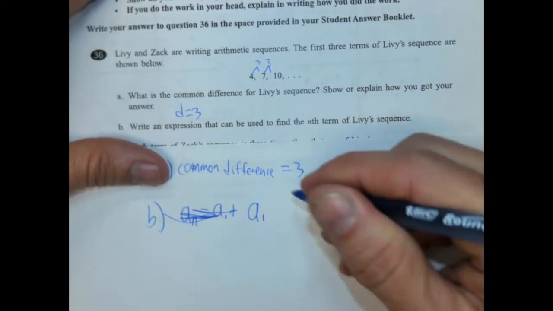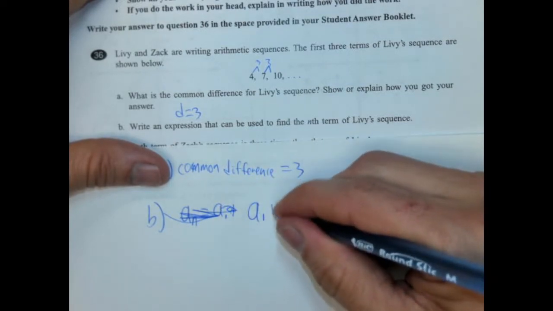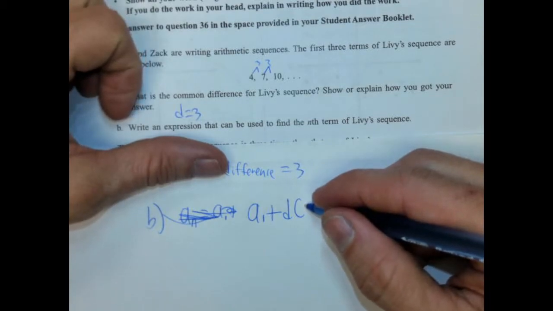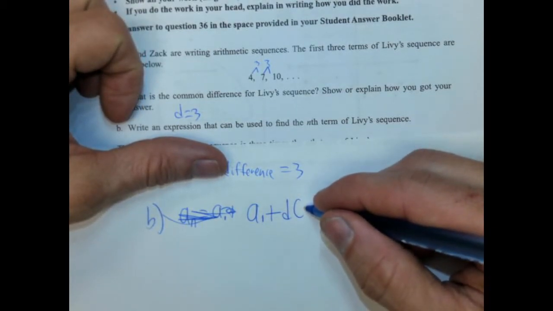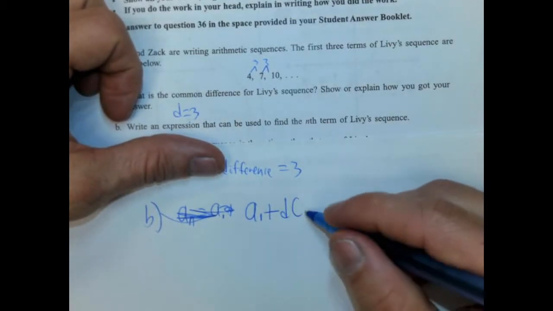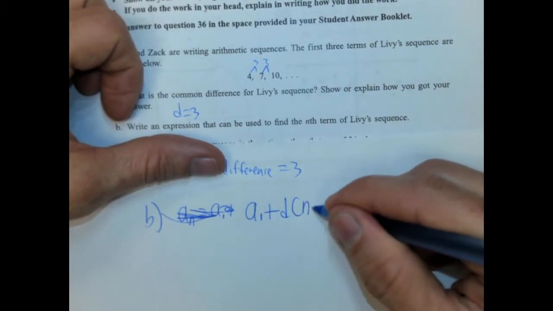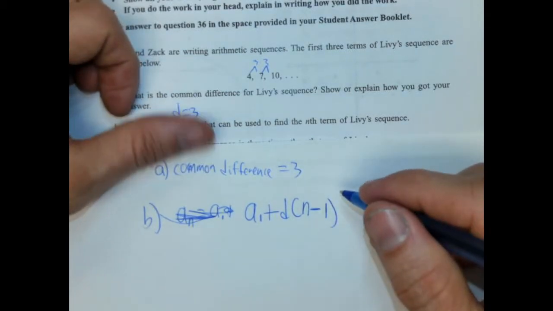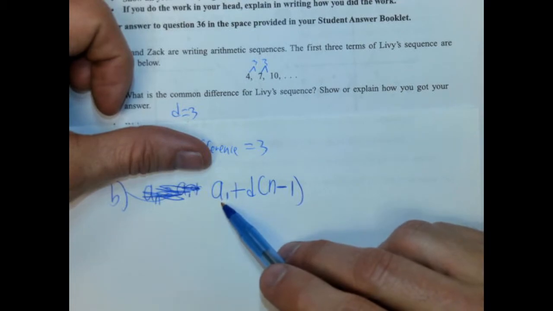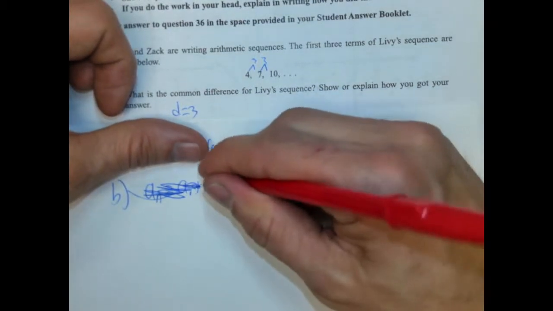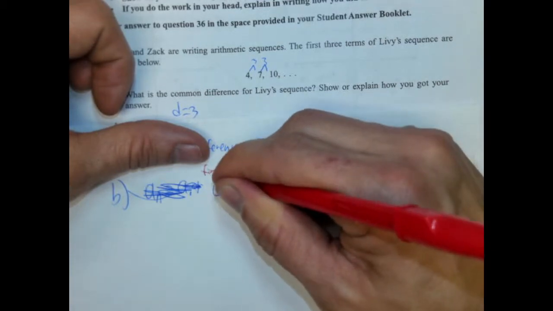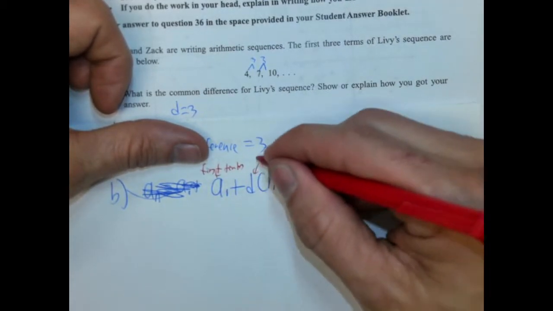A sub 1 plus common difference times n minus 1. That's it. Yeah, there we go. I'm trying to remember that off the top of my head. So first term is this one right here. I remember when this was actually in MCAS. First term is A sub 1. D is our common difference.